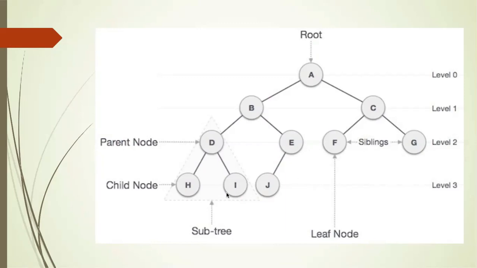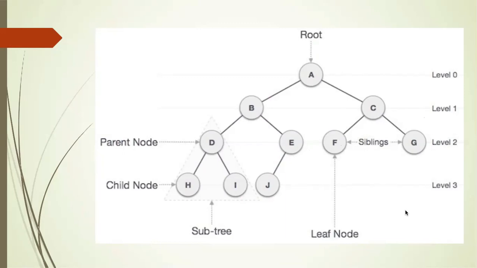Each node which does not have any child nodes, the end nodes of a tree, is called a leaf node, and each tree has levels. The root node is at level 0, then level 1, then level 2, level 3, and so on.